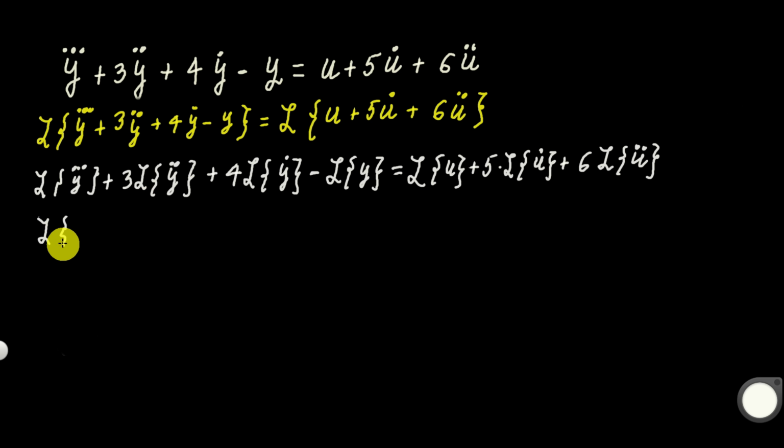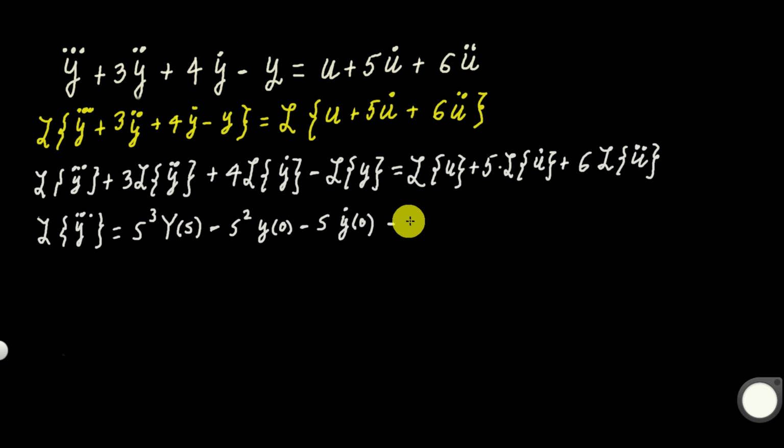If we blindly apply the formula, we will have s to the power 3 times the Laplace transform Y(s), and then a train of powers of s that depend on initial conditions: minus s squared multiplying the initial condition in the time domain, y(0), minus s multiplying the first derivative at 0, and minus the second derivative at 0.